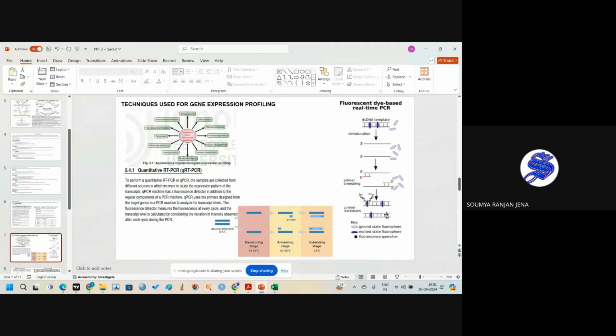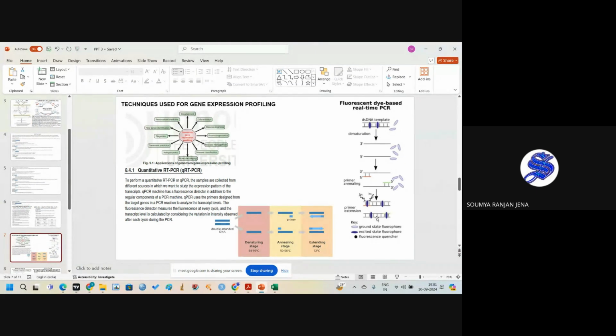If it is two strands, it will give more fluorescence, and this fluorescence level is captured in real time, and it will give the quantity of how much RNA is converted to DNA, or how much DNA is copied to different numbers, and it will increase by 2 to the power n. If we go to the 2nd cycle, then 2 DNA templates will give rise to 4.